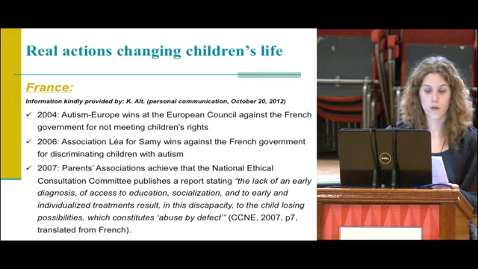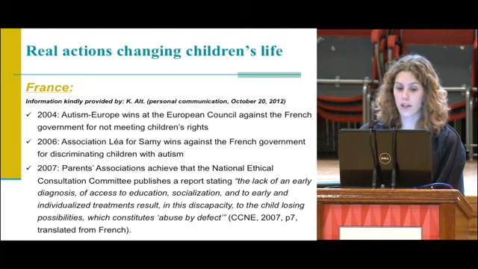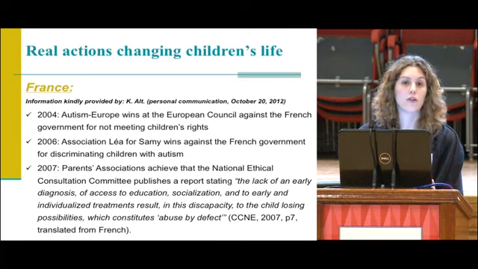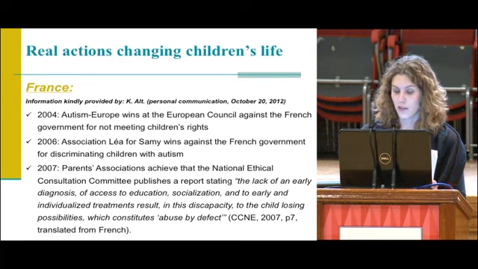In 2004, Autism Europe won at the European Council against the French government for not meeting children's rights. In 2006, a different association called Léa pour Samy also won against the French government for discriminating against children with autism.